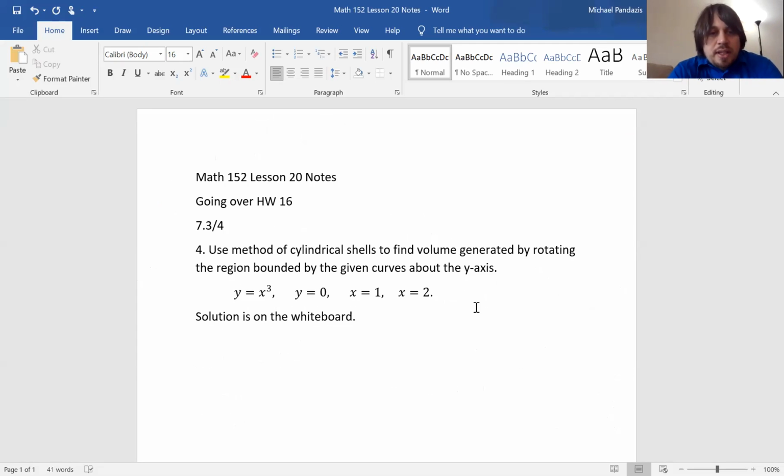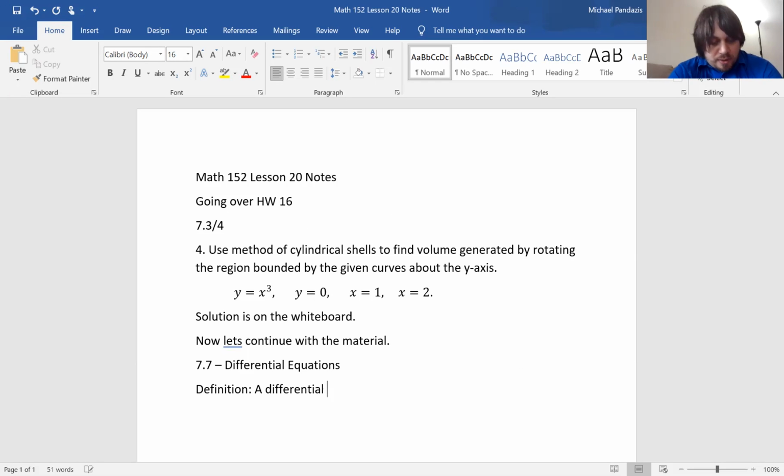Okay, let's continue with the material. We were up to 7.7, which is on differential equations. Definition: a differential equation is an equation that contains an unknown function and one or more of its derivatives.